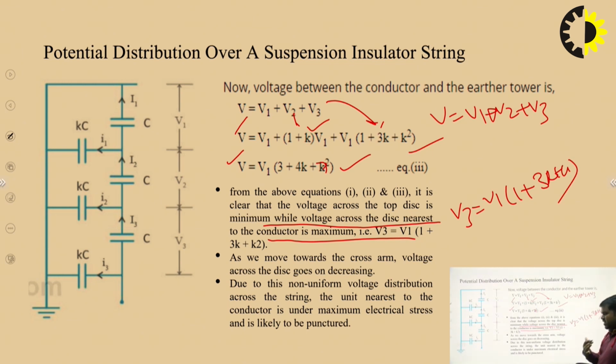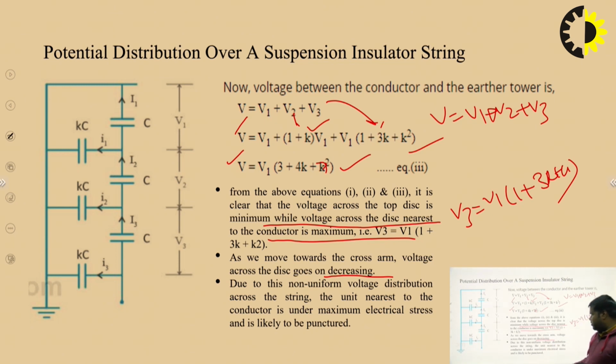As we move towards the cross arm, the voltage across the disk goes on decreasing. It's an important point, and it may be asked in your interviews and placement drives.